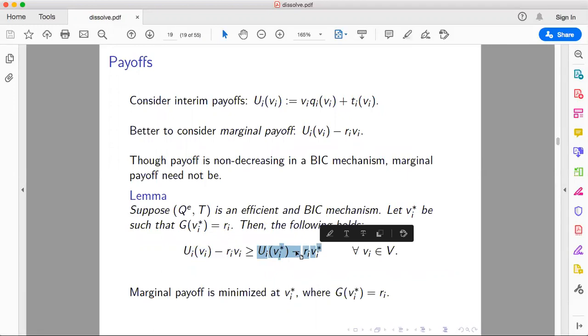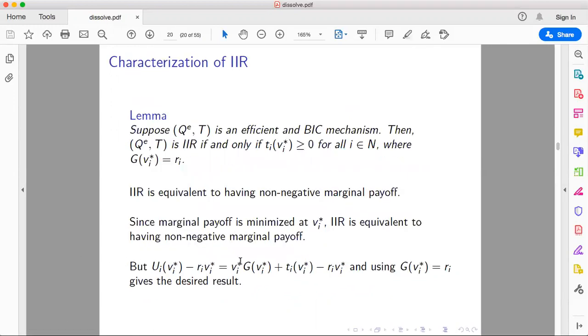And if you expand Ui of V star I, this is this term, but this is the same as this. So these two cancel out, and so we are left with this. So basically requiring this to be non-negative is equivalent to requiring Ti of V star I to be non-negative. That's what this is, okay?